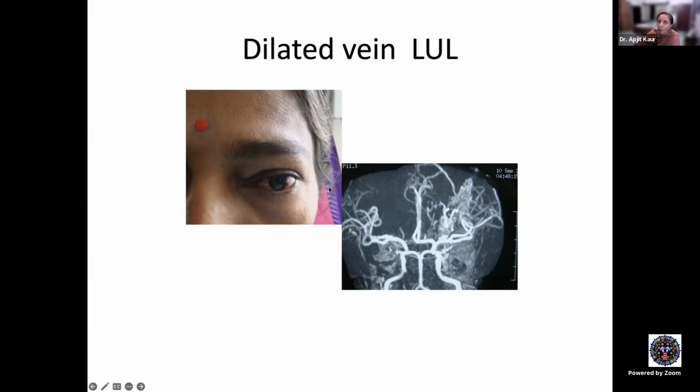Narrow angle glaucoma, a masquerader. And when I discovered this thick connection here, we got a venogram done for her. And can you see this backflow here? This was a left upper lid superior venous thrombosis.